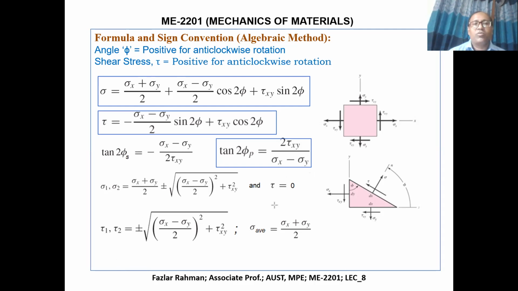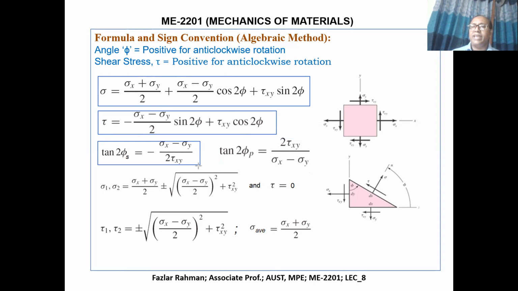But when you put the angle from the shear stress equation right over here, you get the angle. So one angle you got is 60. What will be the other one?